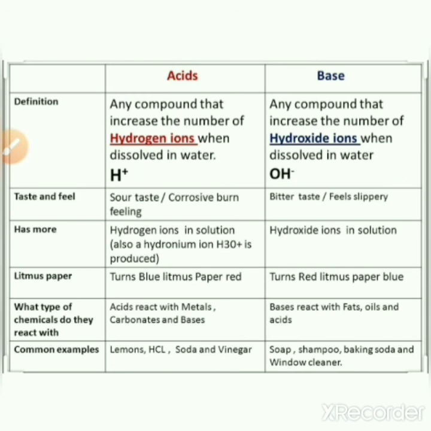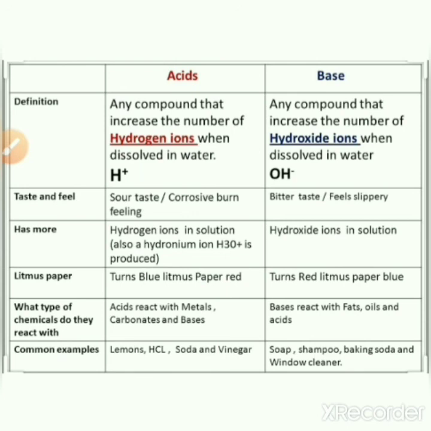Acids increase the number of hydrogen ions in water, bases increase the number of hydroxide ions in water. Taste: acids are sour in taste, bases are bitter in taste. Acid turns blue litmus into red, bases turn red litmus into blue.